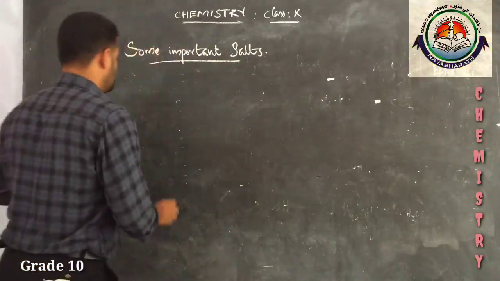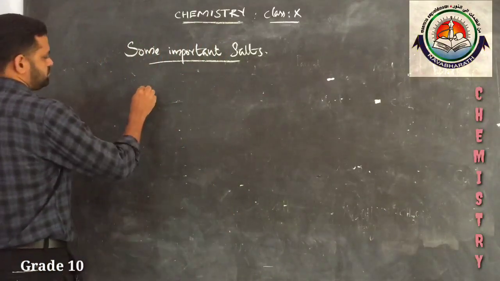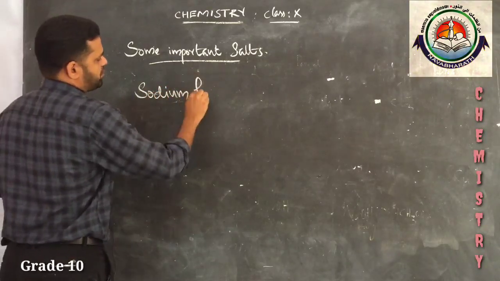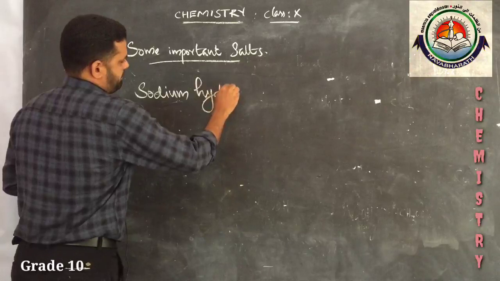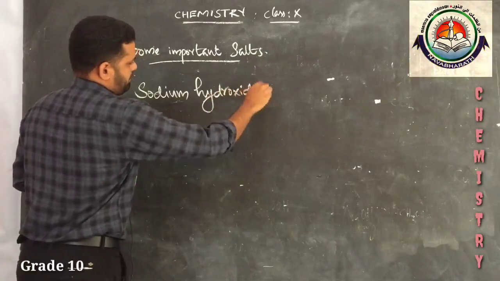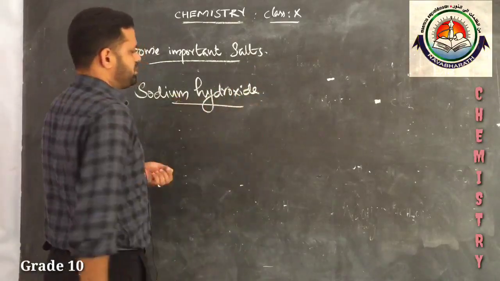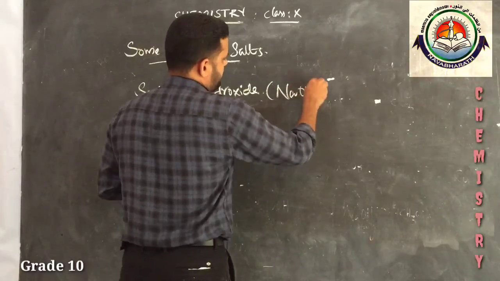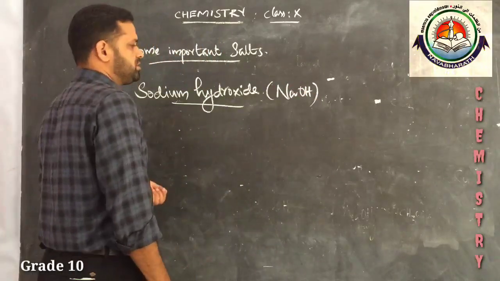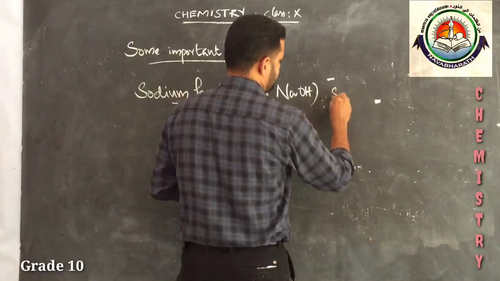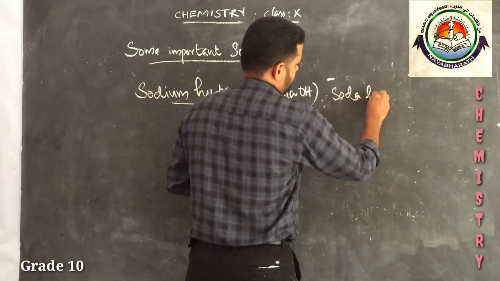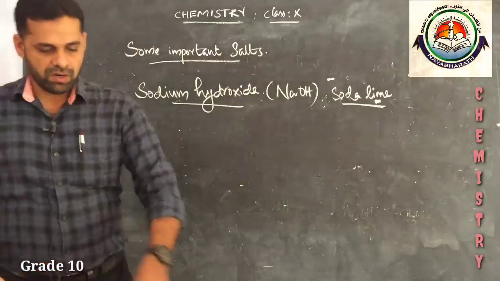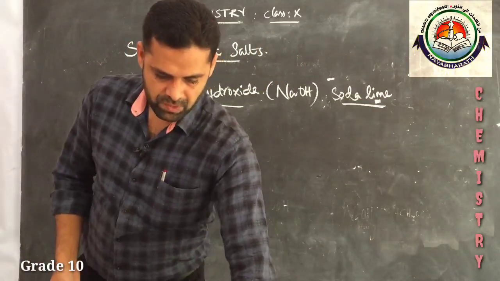First one is sodium hydroxide. Sodium hydroxide formula NaOH. It is also called soda lime.